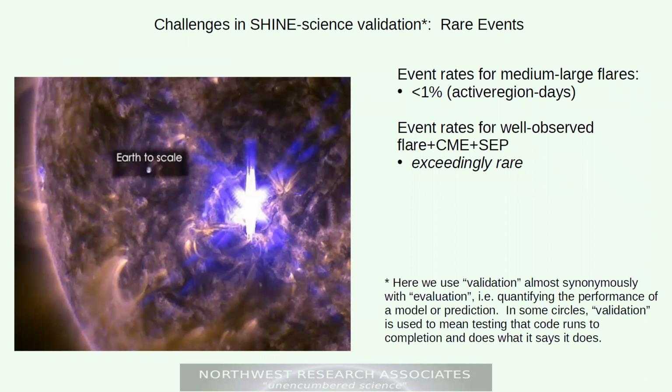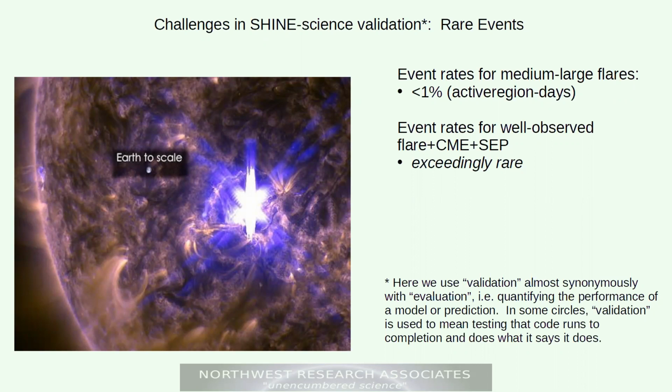And again, sort of a come-to-truth moment here: Earth to scale there, and that's a solar flare image. Okay, we're talking different regimes here in terms of scales. But the events that we're trying to look at are extremely rare.